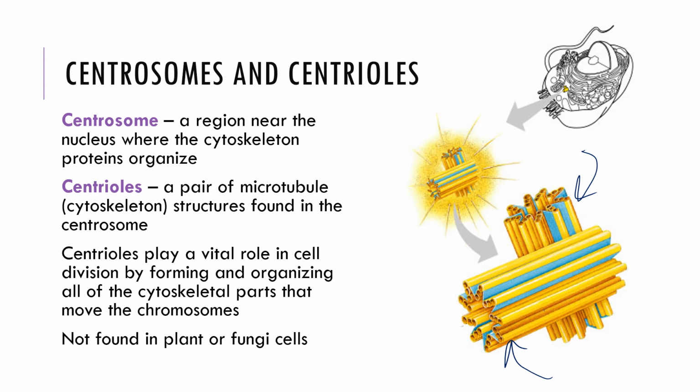We don't quite know how they help us, but we do know that every time the cell divides, these structures appear. They seem like they're helping organize the cytoskeleton fibers throughout the rest of the cell, but we're not quite sure yet. Funny enough, though, these structures are not found in plant cells or fungus cells. They have a cell wall, so they divide a little bit differently. These are only found in animal cells.